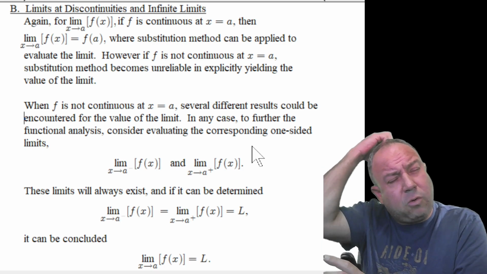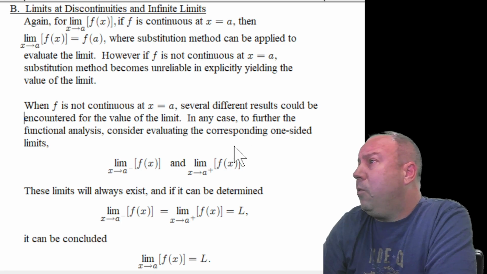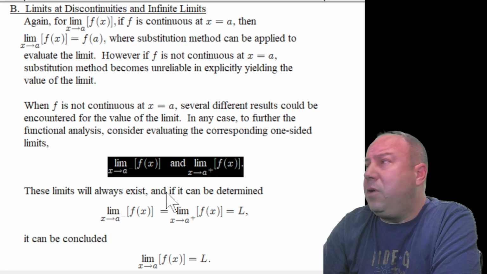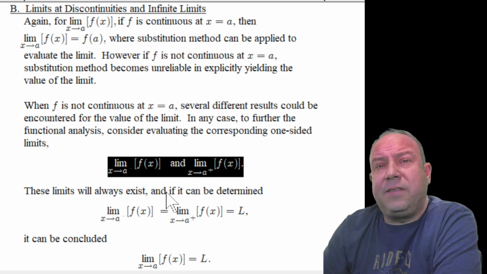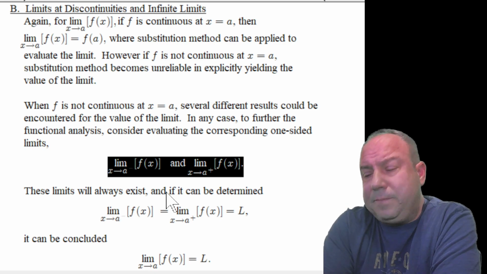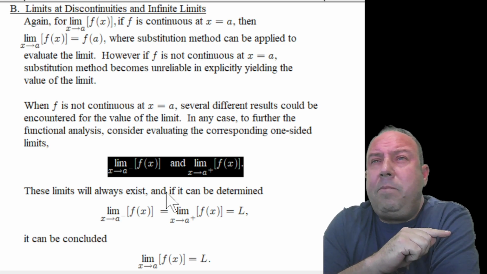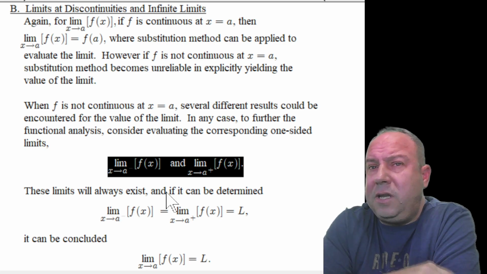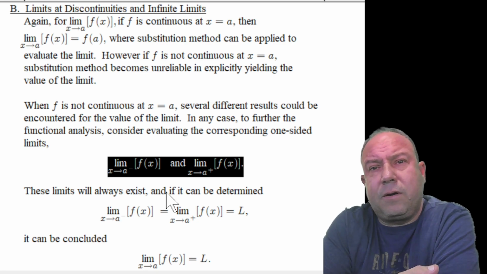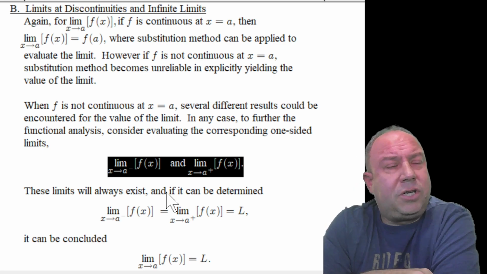All right. So what we often do to further our functional analysis beyond substitution method is that we consider the values for the left and the right hand side limits. When substitution method can't be considered reliable because we have a discontinuity at x equal to a, we do have to take our analysis a little further and consider what are going to be the left and the right hand side approaches.